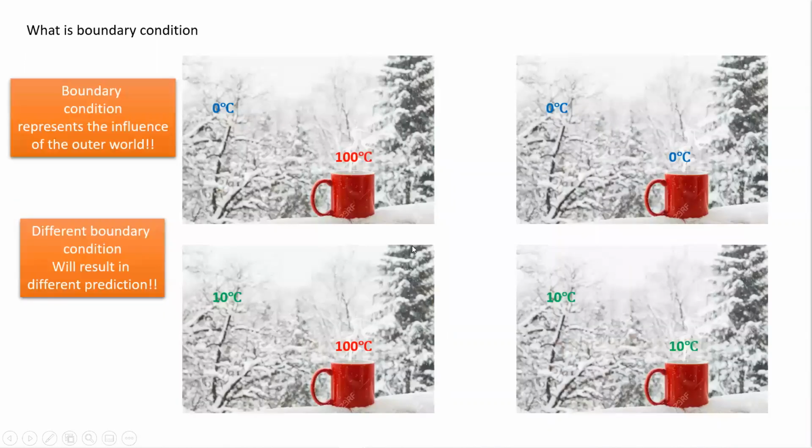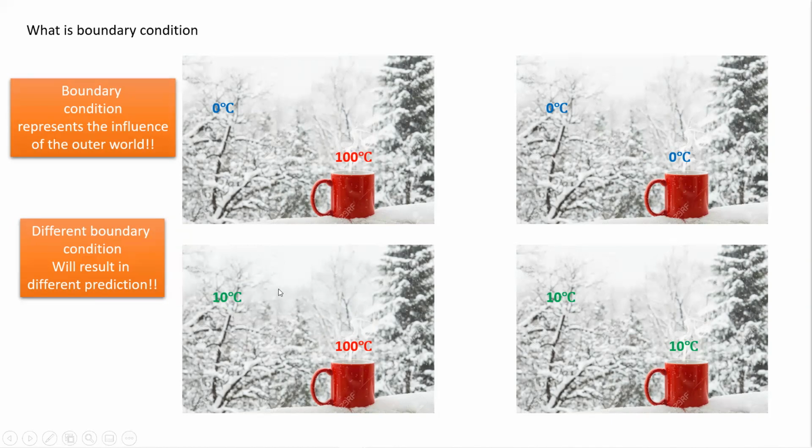Let me still use the same scenarios to explain. For example, let's first discuss boundary conditions. Say these two scenarios. In the first scenario, the boundary condition is 0 degrees. And in the second scenario, the boundary condition is 10 degrees.